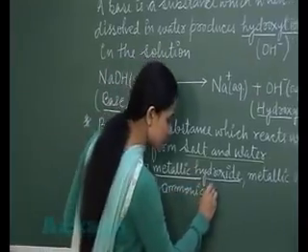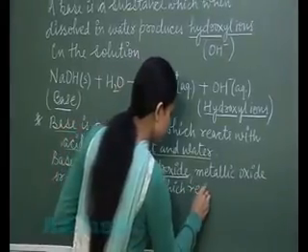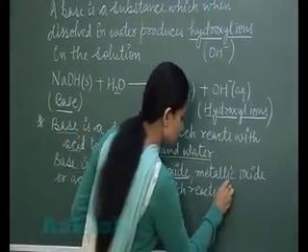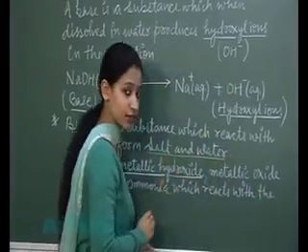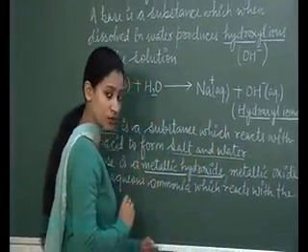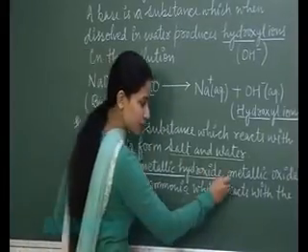which reacts with the hydronium ions of the acid. Acid liberates hydronium ions, so a base is a metallic hydroxide or a metallic oxide.